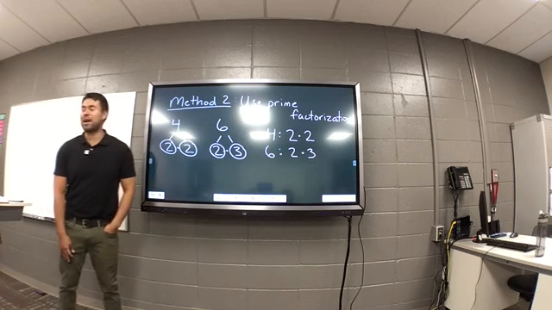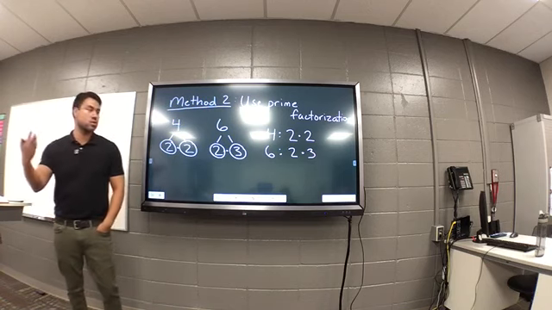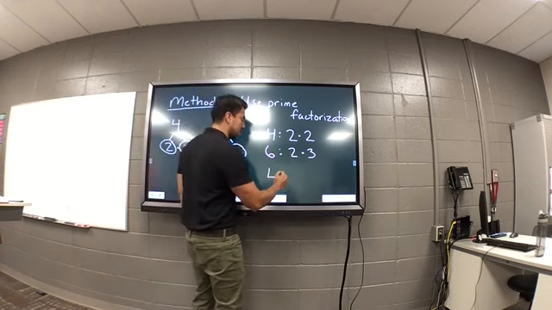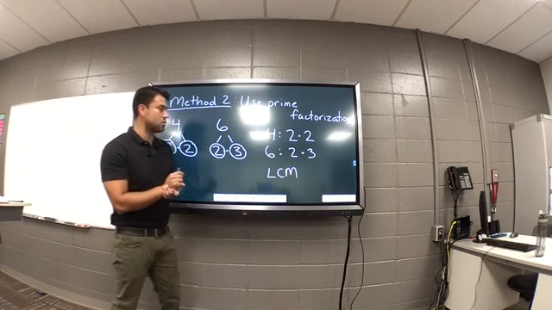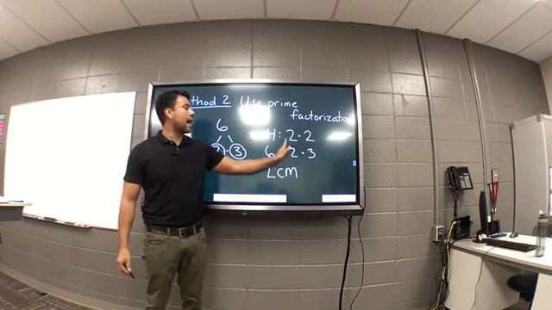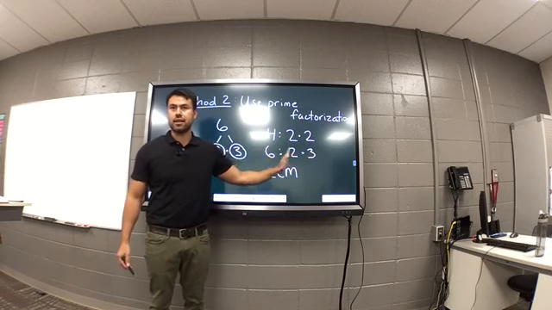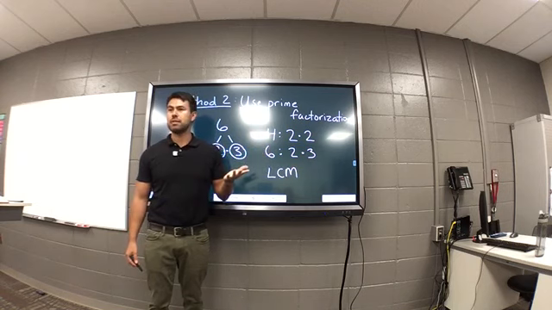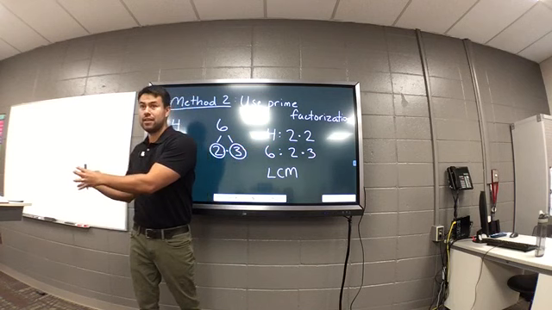Okay, here we go. Right now I'm asking the Lord, please give them wisdom and help me have the words. To find the LCM using method number 2, and again, method 1 is better, but you can do method 2, I'm asking how many unique factors are in this set of prime factorizations. Do you know what the word unique means? It means special or one of a kind.